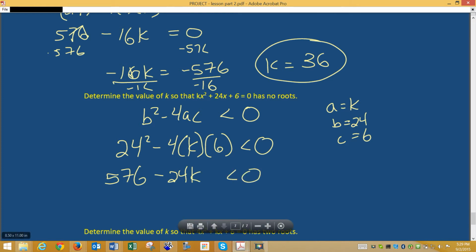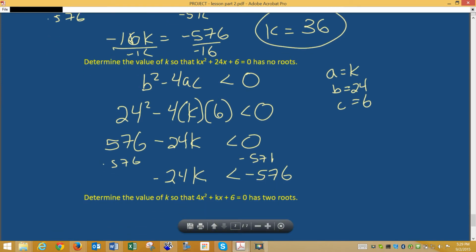Okay, so to solve for this, again, I'm going to subtract 576 from both sides. So that gives me negative 24k less than negative 576. Okay, and now I need to divide by negative 24 on each side. And so that's going to give me k is greater than 576 divided by 24 is 24.